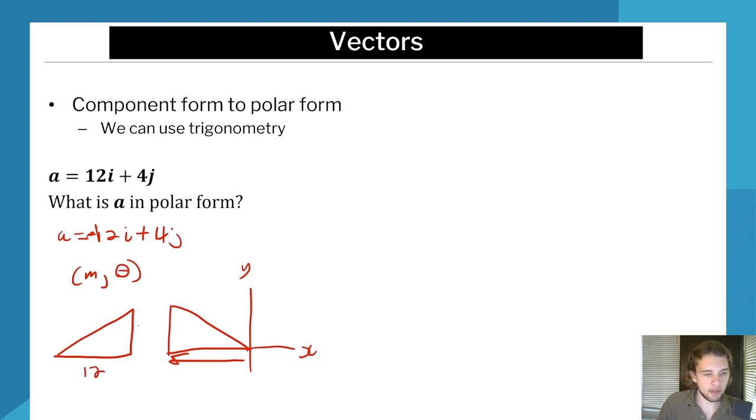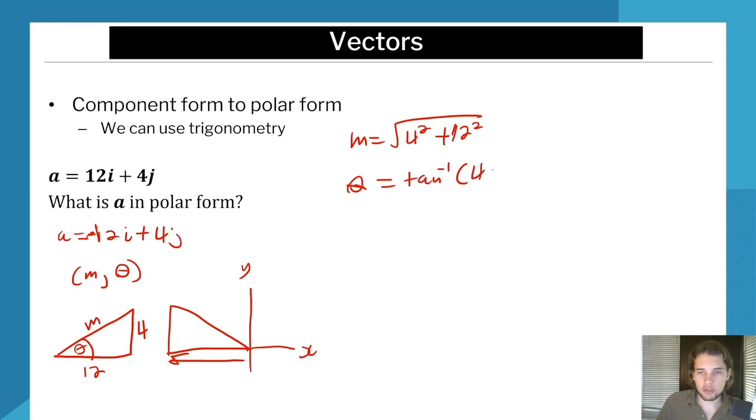But for now, we just have 12i plus 4j. So I can put a 12 down there and a 4 there. And then we have the angle in here, and then we have the magnitude up here. So the magnitude, based on Pythagoras' theorem, will be the square root of 4 squared plus 12 squared. And the angle will equal the inverse tan of 4 divided by 12, because that is opposite over adjacent of the angle.